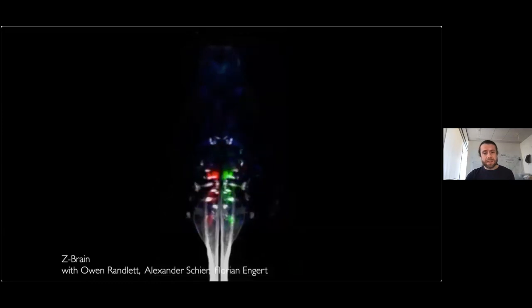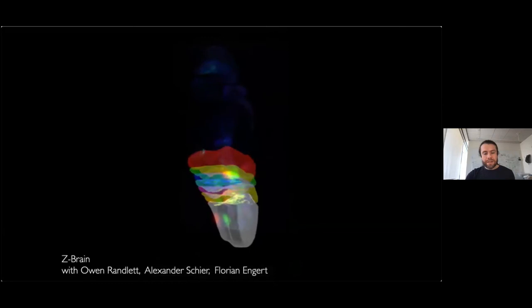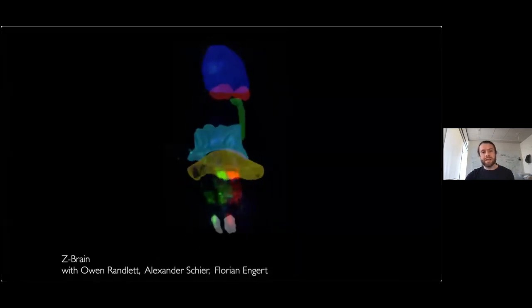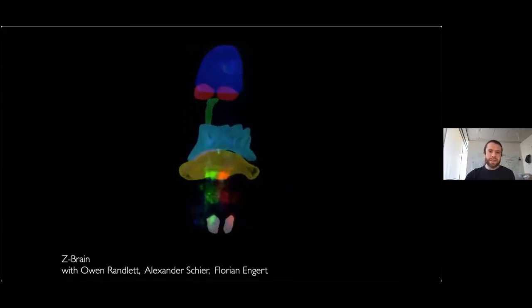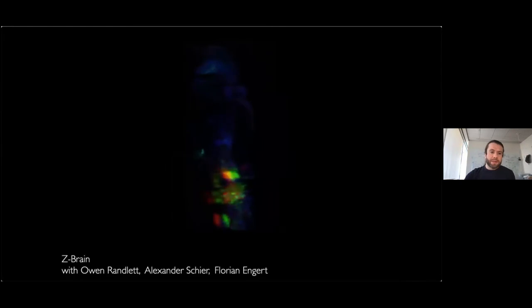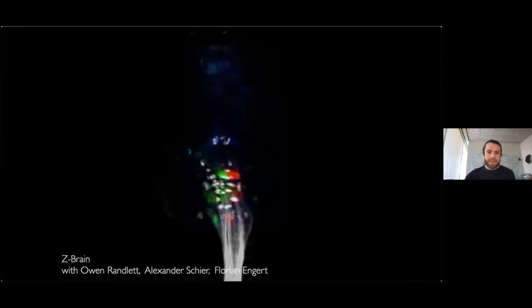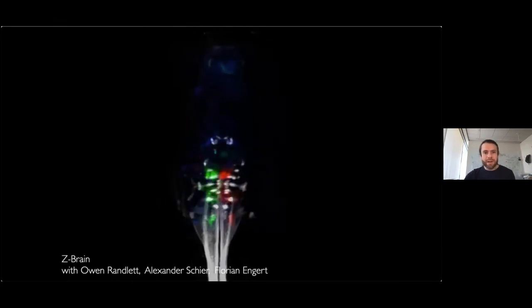So this addresses Vatsala's question a little bit, but in a very crude way. This is in some sense just an average. And you can also see superimposed on this volumes from the Z-brain atlas. So here, these cells are the reticular spinal system that projects to the spinal cord.